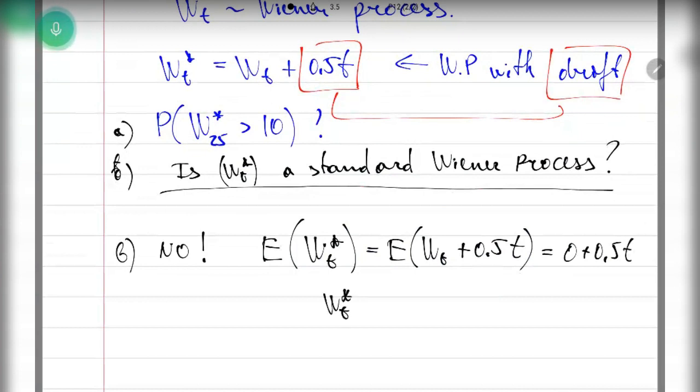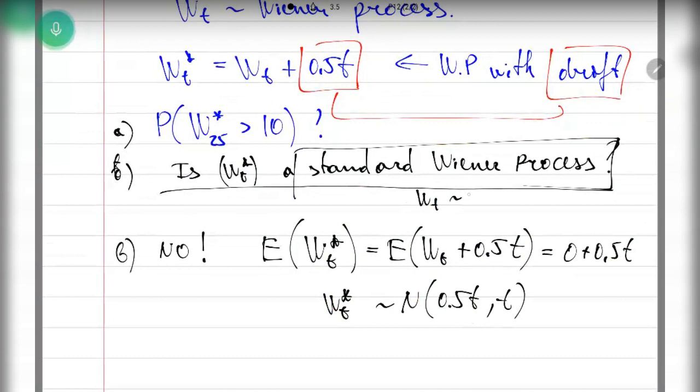So Wt star has a normal distribution with mean 0.5t and variance t, and the standard Wiener process Wt should have a normal distribution with mean 0 and variance t. So Wt star is not a standard Wiener process.